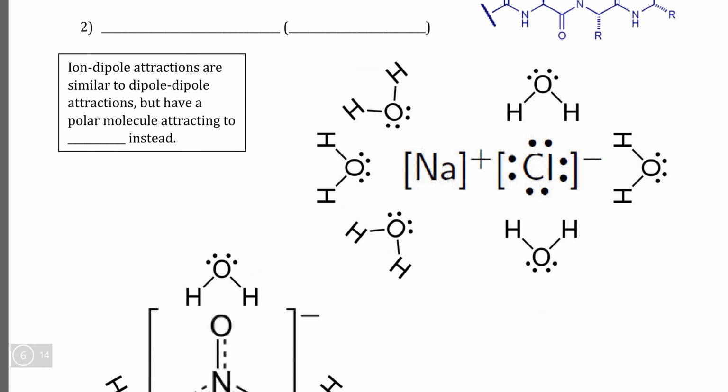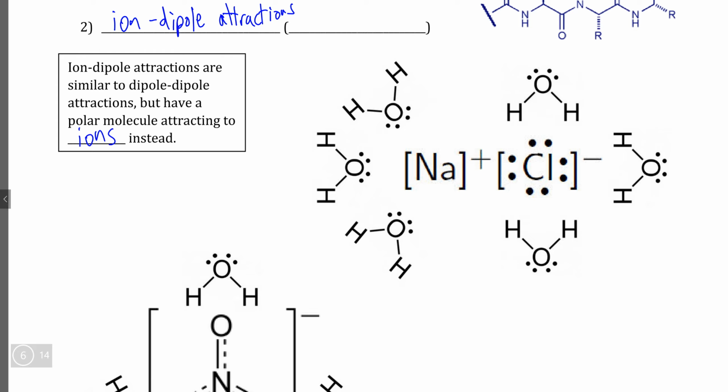The second intermolecular attraction that we're interested in this unit is what we call ion-dipole attractions. And the name pretty much tells you exactly what they are. Instead of forming between two molecules with dipoles, they form between polar molecules that have a dipole and ions instead.